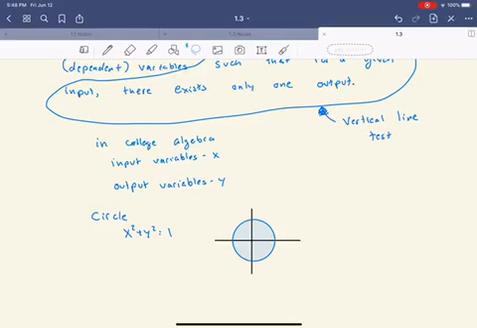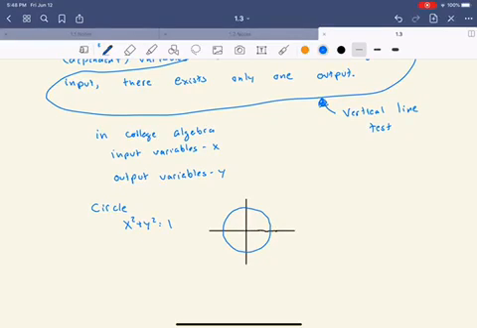Not the best circle ever, but okay, let's just say that's the right circle.